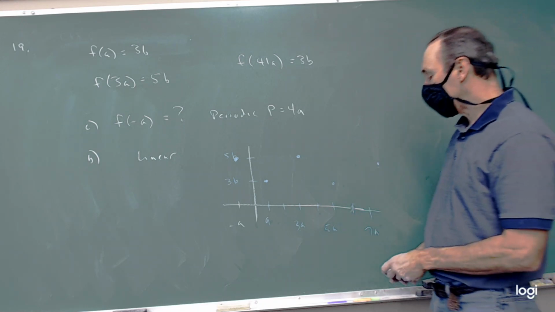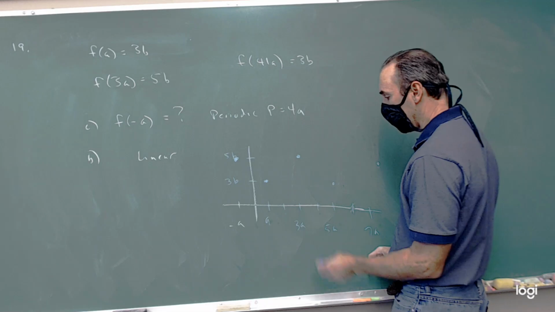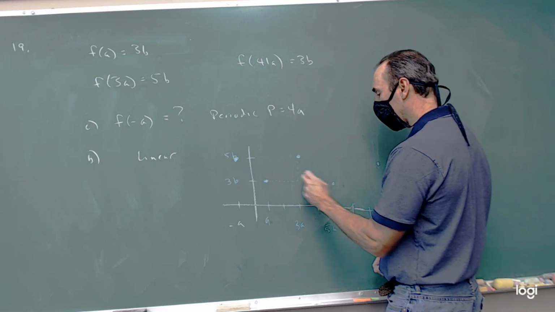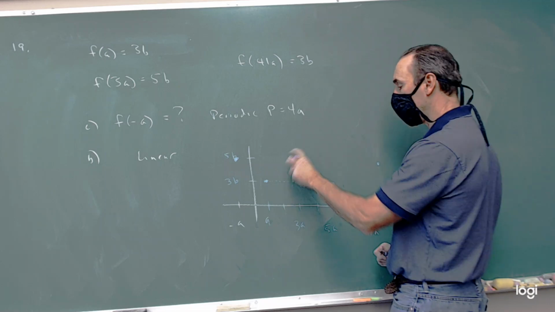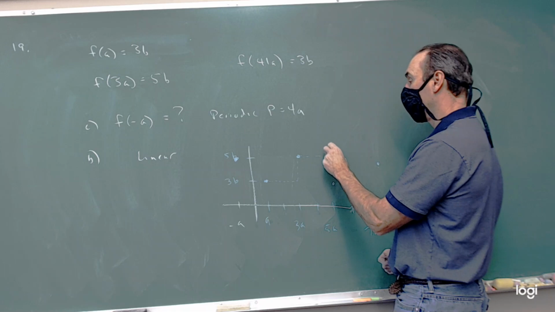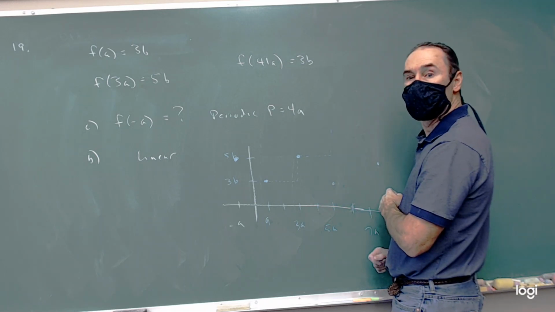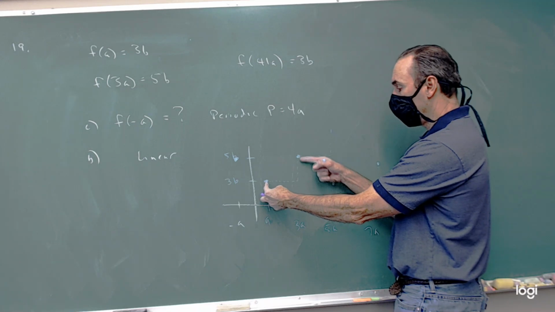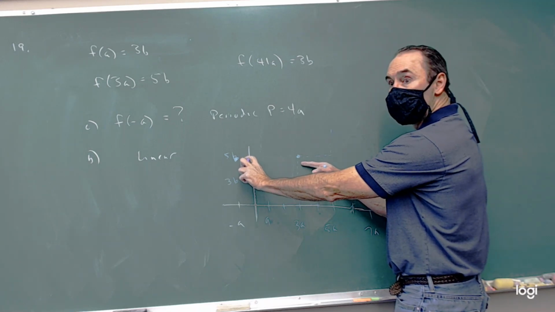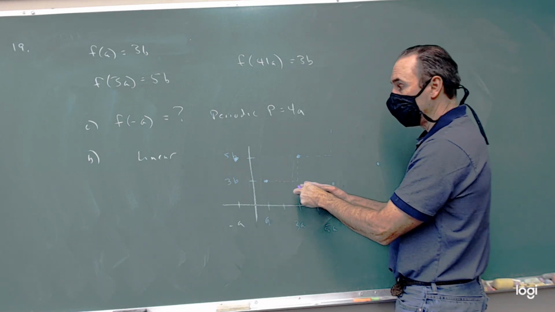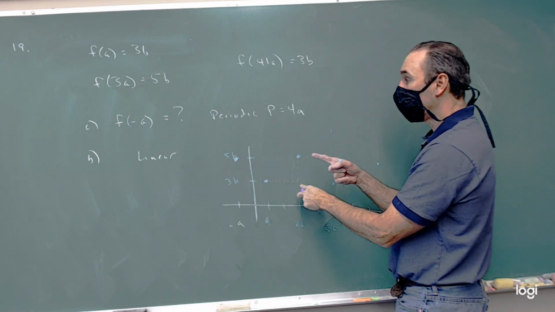So if it's linear, that means that our delta y over delta x, or rise over run, is going to be the same as we go forward. So whatever rise over run this is, that is we went up, how much? 2b, and we went over 2a. So are we trying to find f of negative a again?